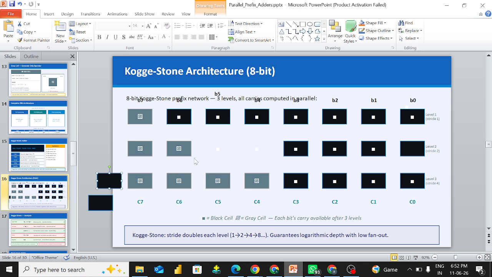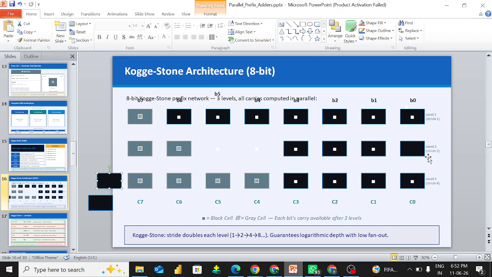This is going to connect, and after that you will get level 2. What is happening inside level 2? Using black cells, I have grouped the neighboring generate and propagate groups.